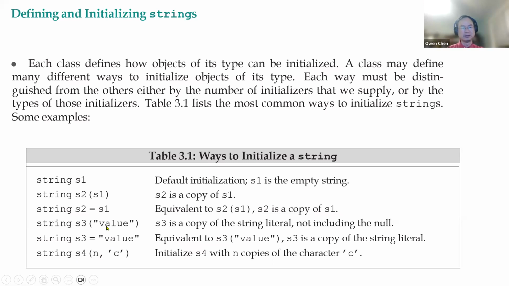So use either this or this, right? For example, if you want to initialize everything to blank, you can just quote a blank and then give how many values you want to initialize to be blank.